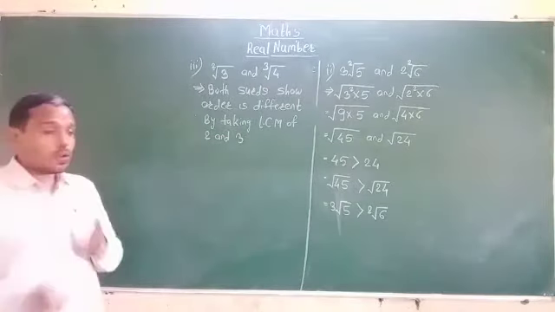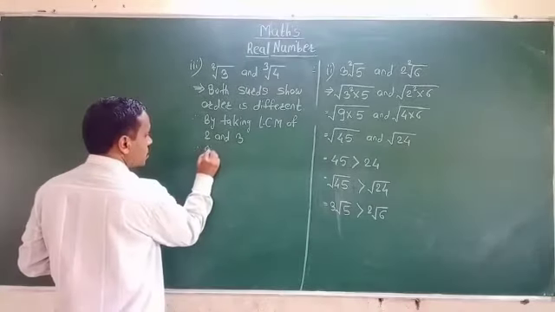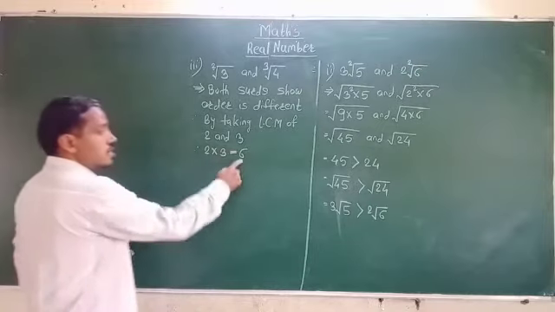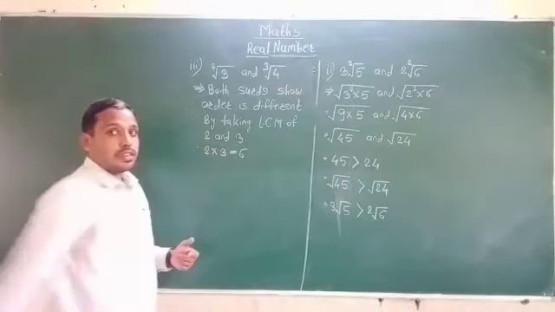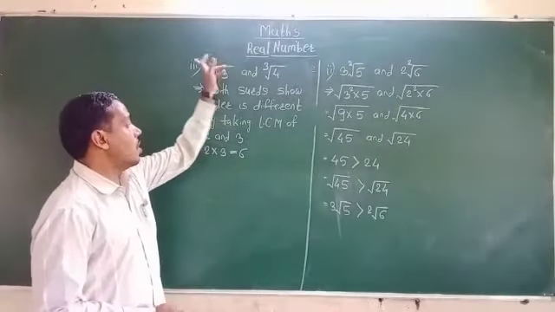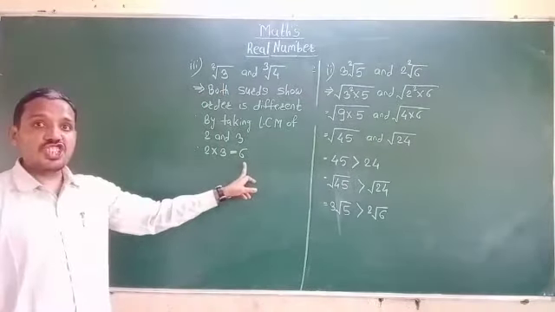What is the LCM of 2 and 3? 2 threes are 6. 6 is the LCM of 2 and 3. Then we convert the order into 6.